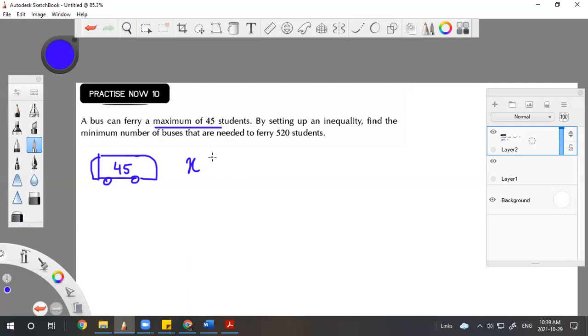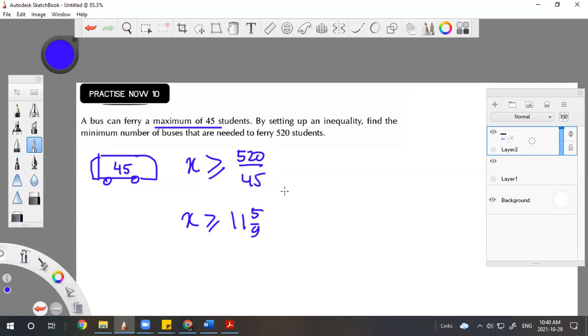So the amount of buses is more than or equal to the amount of students over 45. So x is more than or equal to 520 divided by 45. You simplify this to 11 5/9.